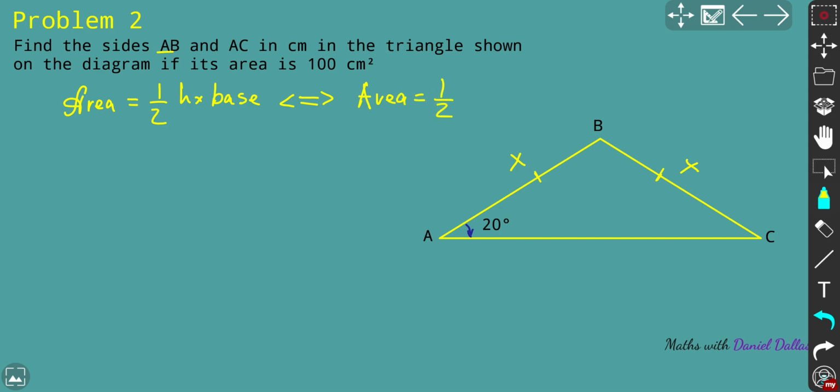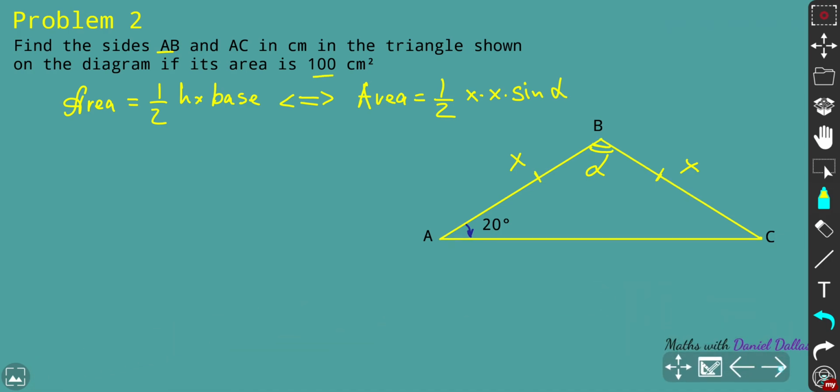So it's going to be 1/2 times two sides, x times x. I've taken two sides AB and BC and multiply by the sine of the angle alpha. So here is the angle alpha. To know angle alpha, we need to express it through 20 degrees.